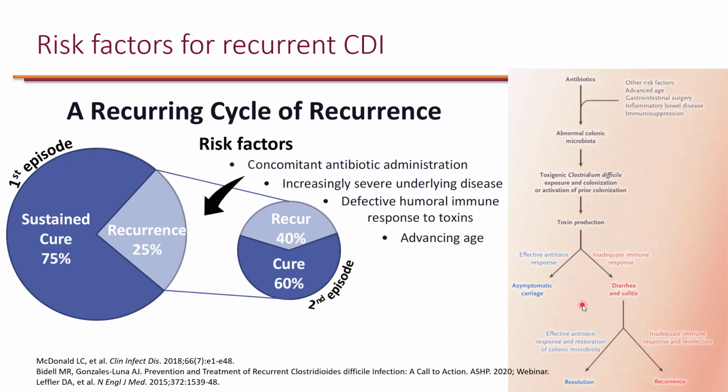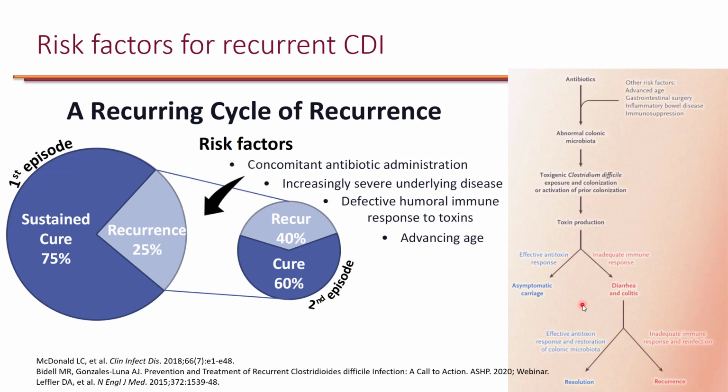So it's important to note that recurrence is not thought to reflect an antimicrobial failure, but rather is a failure of the host to either reconstitute his or her microbiota to establish colonization prevention, or failure of the host to develop a protective antitoxin antibody immune response during the initial infection, or both.